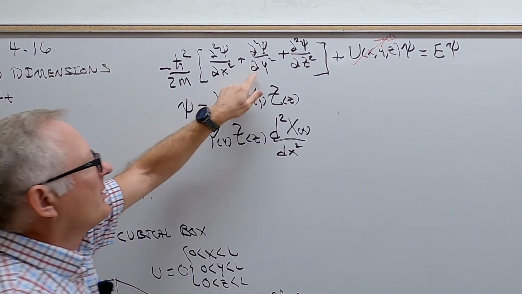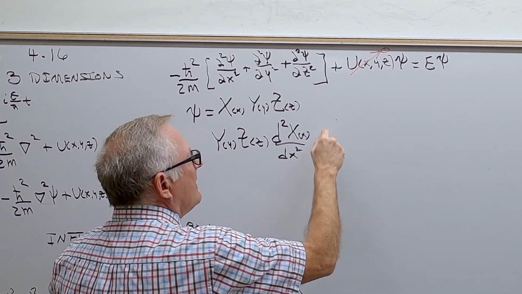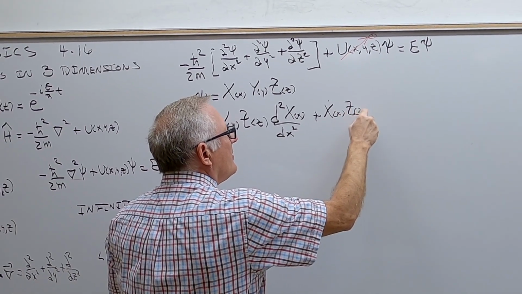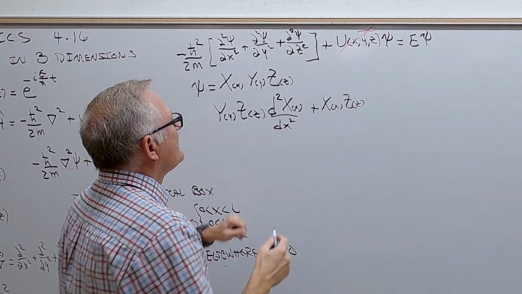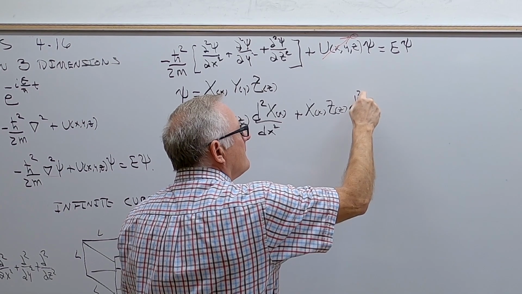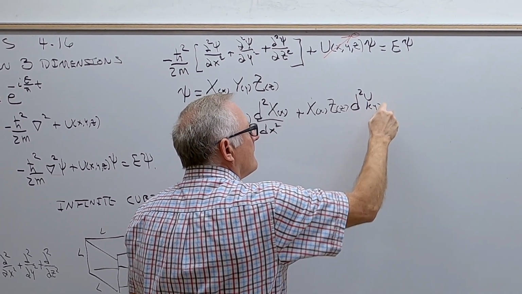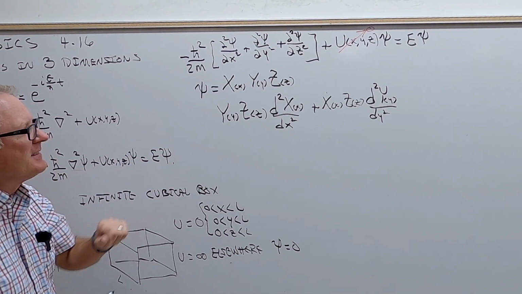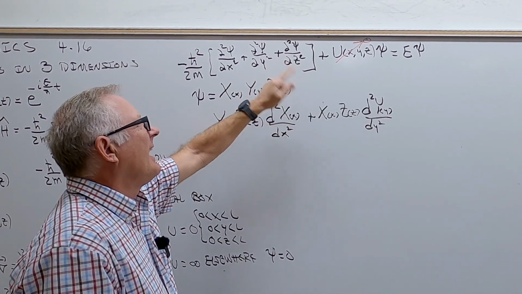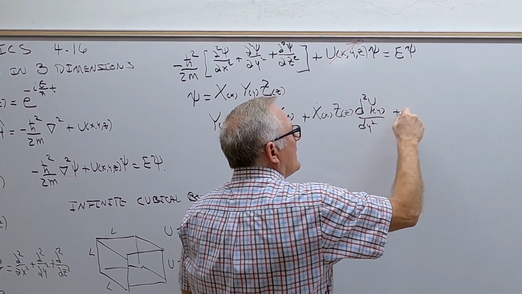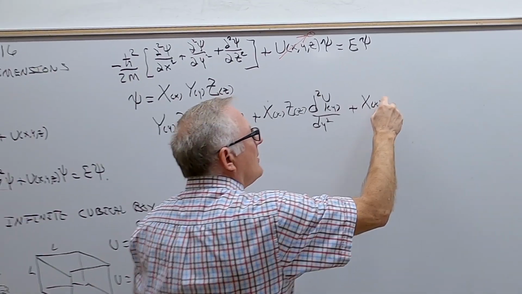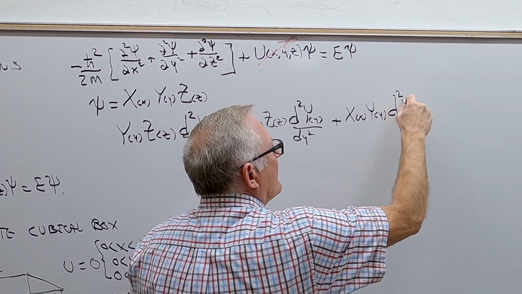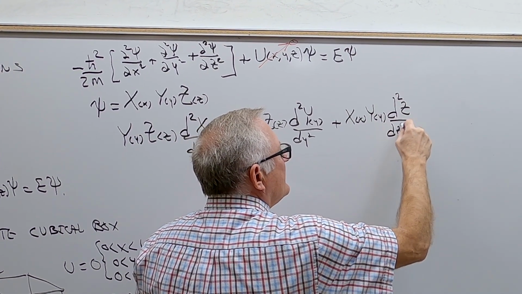And do the same thing with this one. Pull out the x and z, plus x sub x, z sub z, and I get the second derivative of y with respect to y squared. And then the same with the z. We can pull out the x and the y, plus x sub x, y sub y, d squared z with respect to z squared.